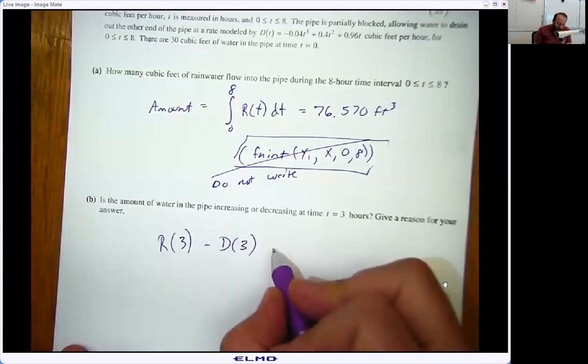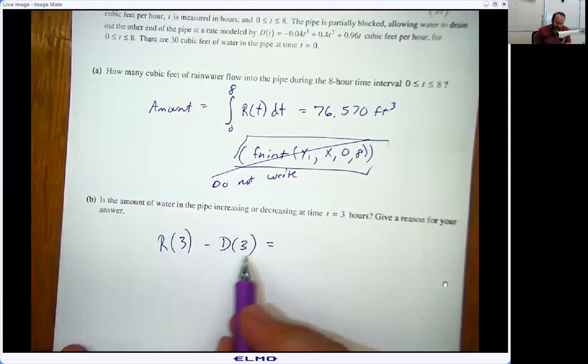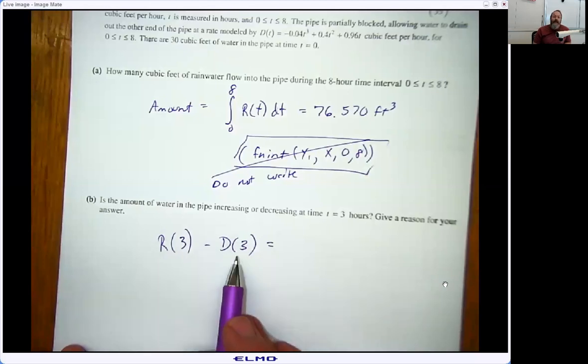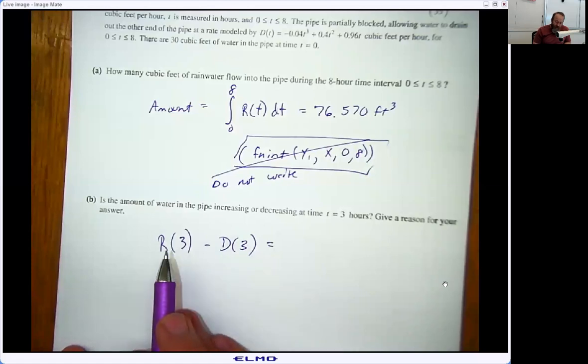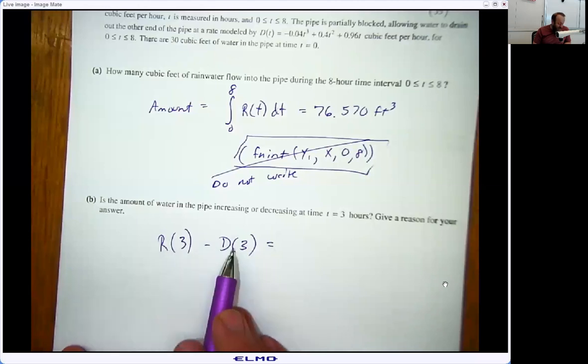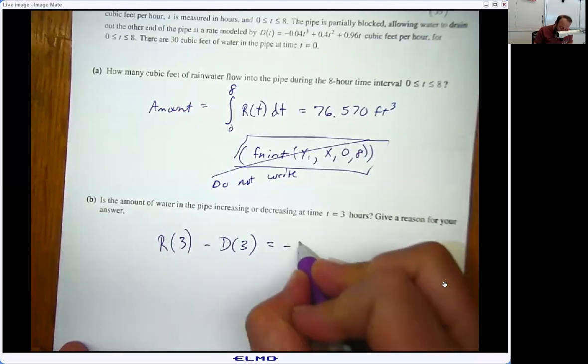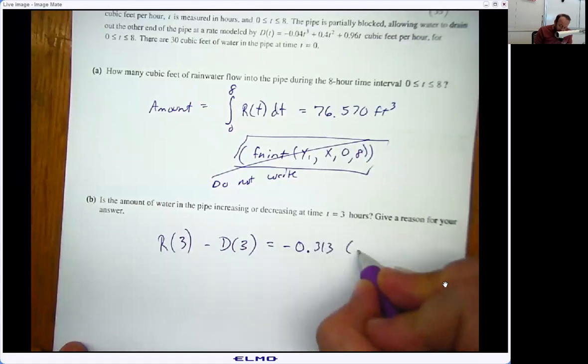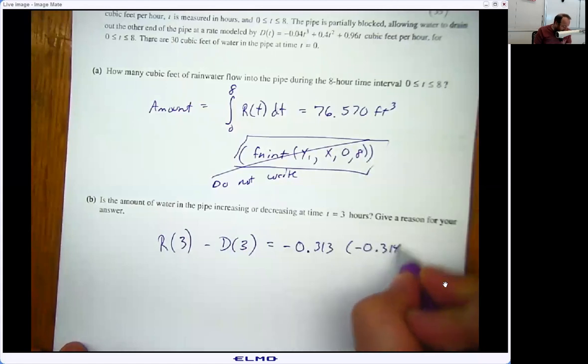But like I mentioned before, this is in the calculator active section. So if I made R y1 and I made D y2 in my calculator, and I just use the evaluate function, y1 of 3 minus y2 of 3, my calculator says it's negative 0.313, or if instead of truncating you rounded, you would get negative 0.314.